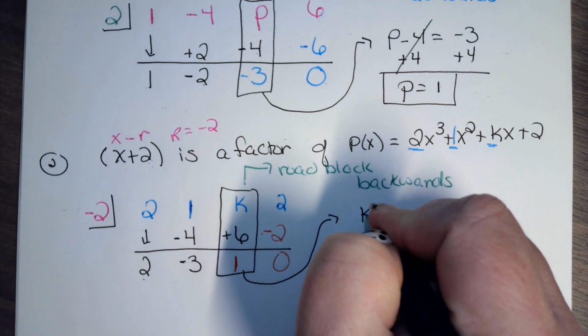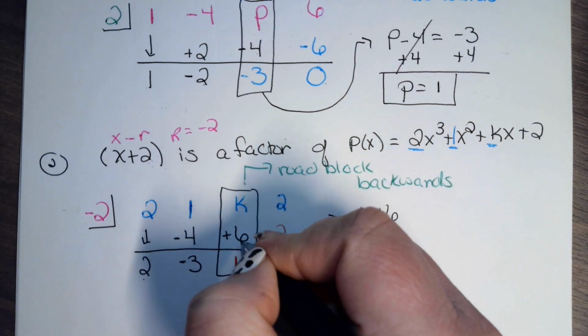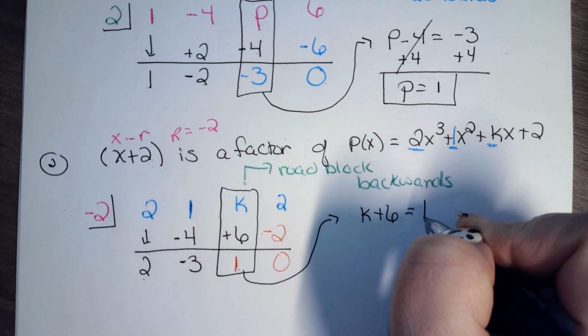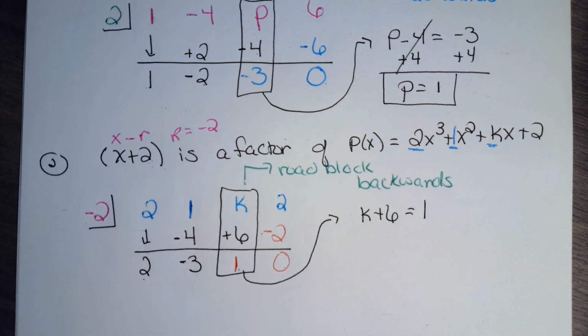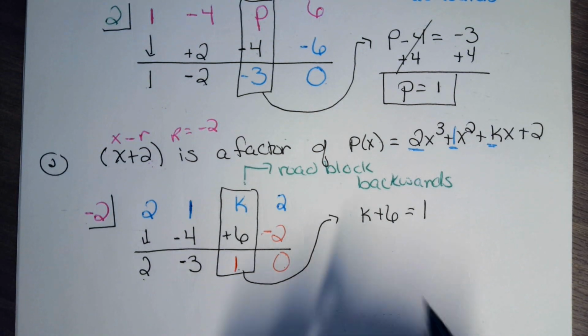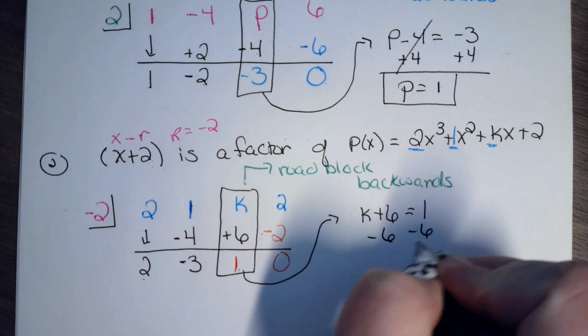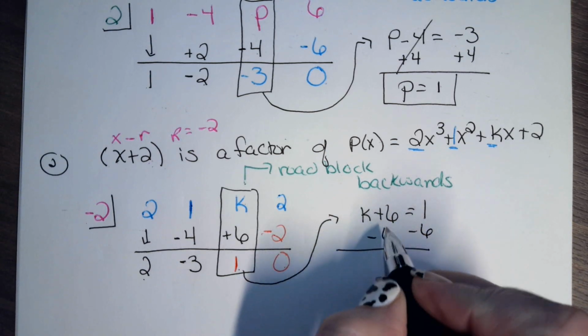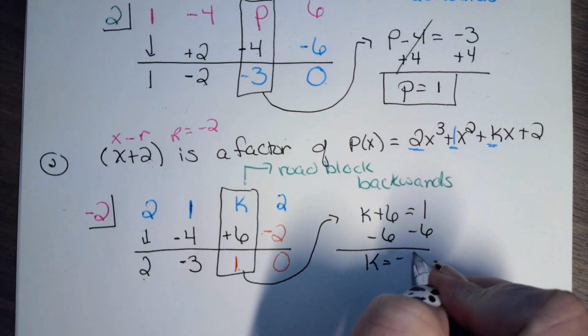So we're going to say k plus 6 equals 1. Alright, subtracting 6 from both sides, we're going to get k equals a negative 5.